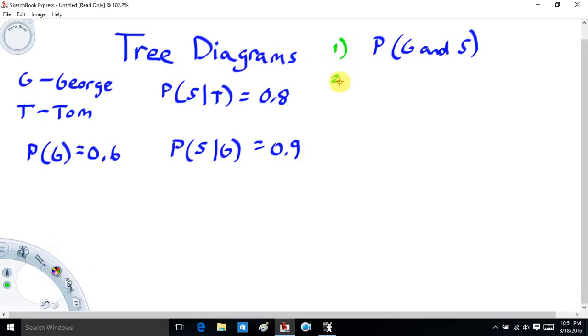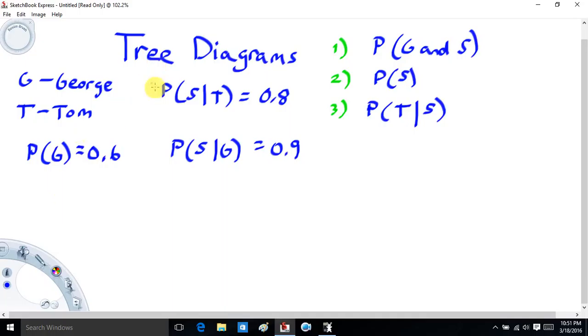Question number 2 is find the probability that you get a scholarship. And question number 3 is find the probability that given you got a scholarship you had Coach Tom. These are the 3 questions we're trying to answer.